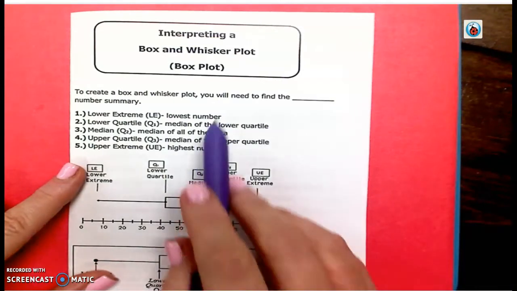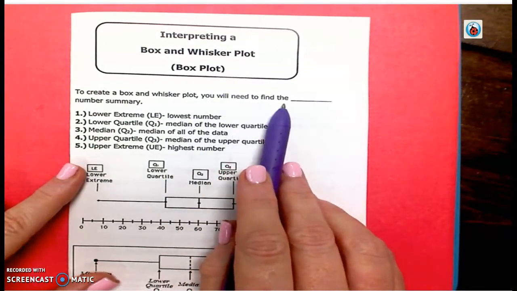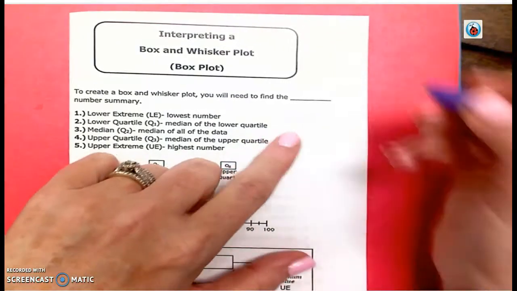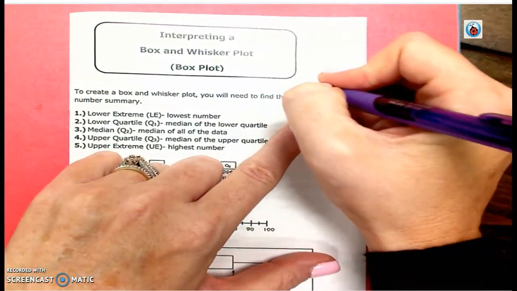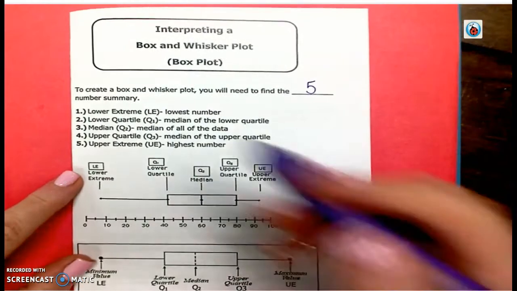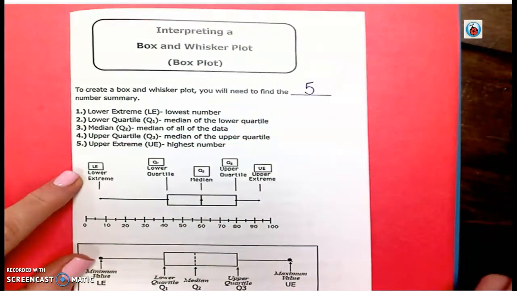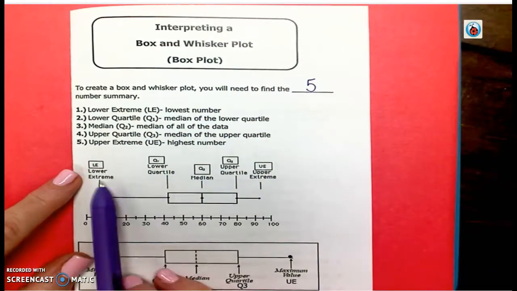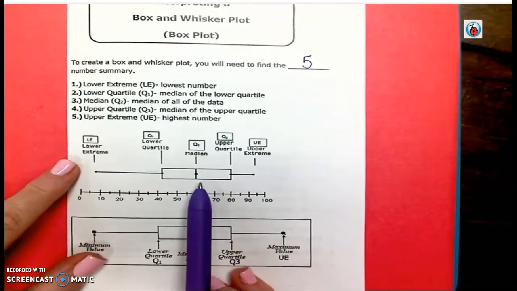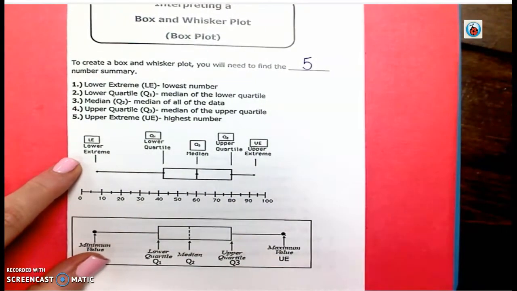To create one, you will need to find what's called the 5-number summary. Your summary is going to consist of 5 numbers that you will need to create the box and whisker plot, or the box plot.